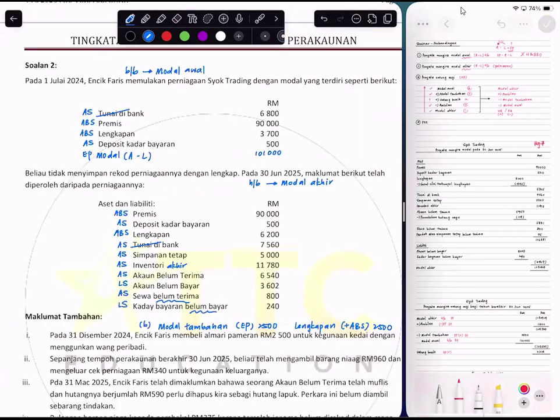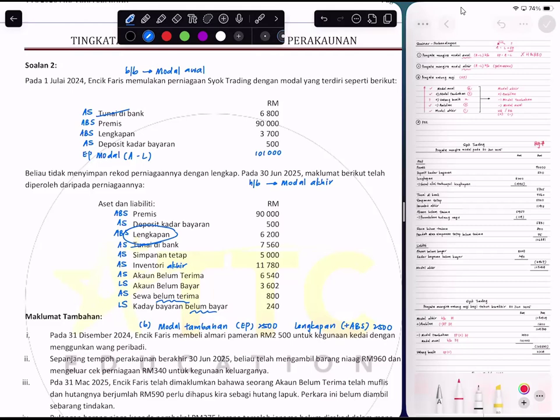But lengkapan, are we going to record lengkapan again? If no mention of haven't recorded, and we saw lengkapan here, do we need to adjust the lengkapan value by adding another 2,500? Yes or no? There's no phrase that says we never record.